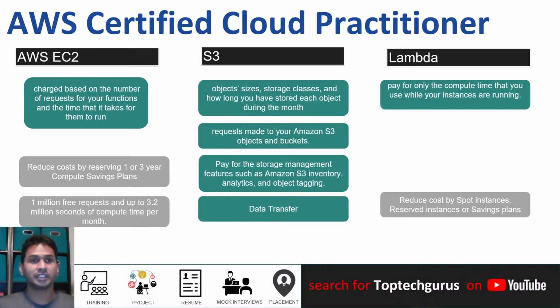So for an EC2 instance, how are you charged? You're charged only based on the number of requests for your function, and the time it takes to... I'm sorry, that is wrongly labeled. The first column there should be Lambda. Sorry about that. So read the first column as Lambda. For Lambda, you're charged based on the number of requests for your function.